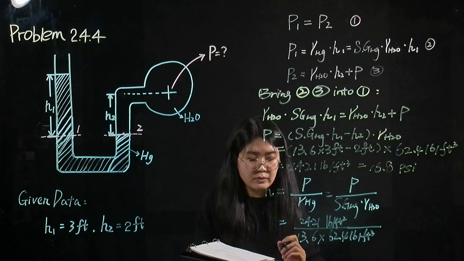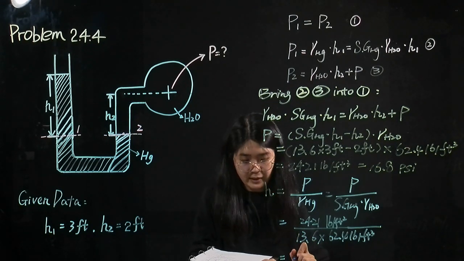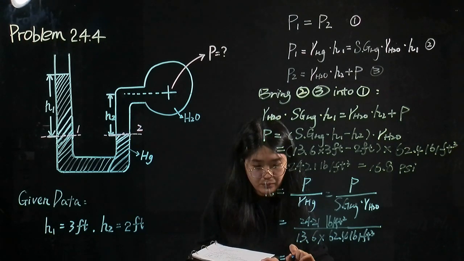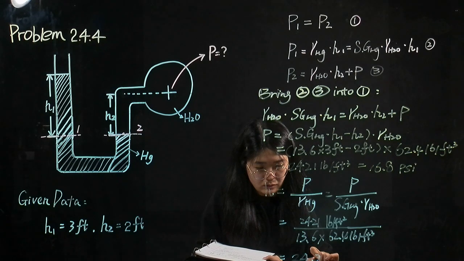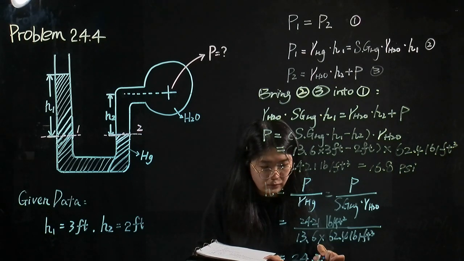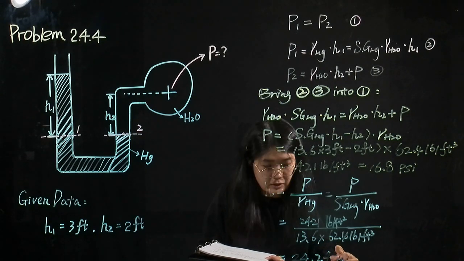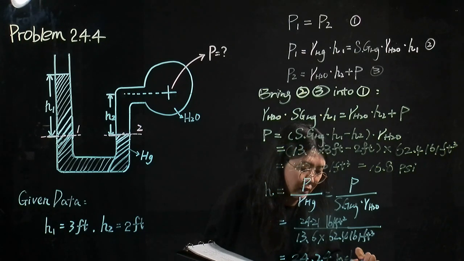And after the unit transformation, we get a final result, which is 34.24 inches of mercury.